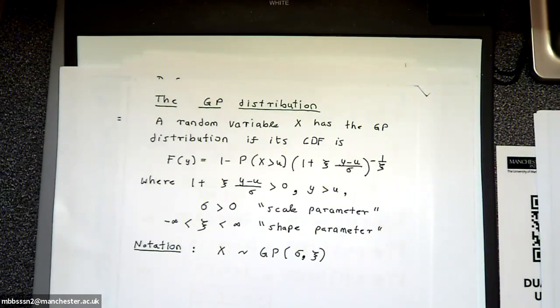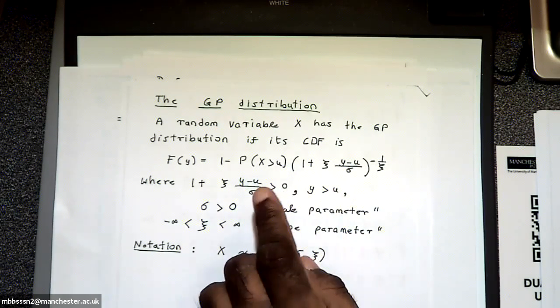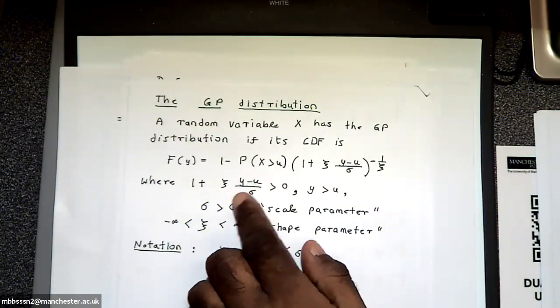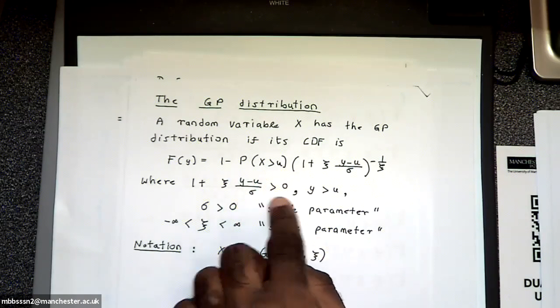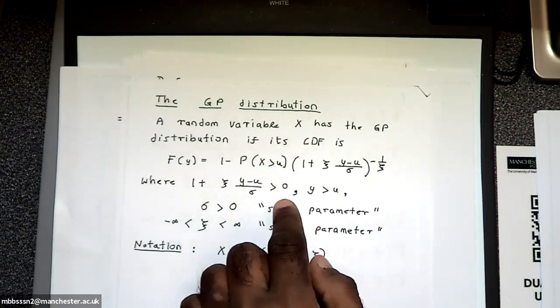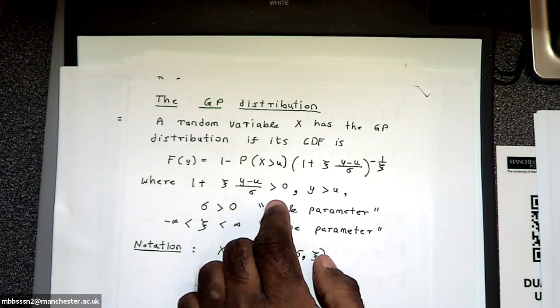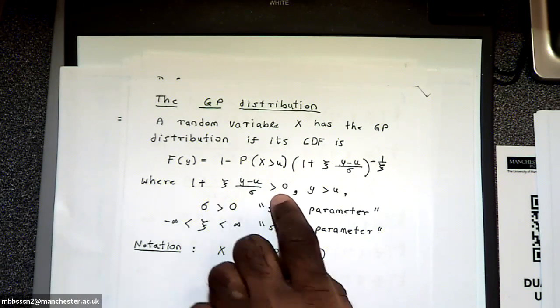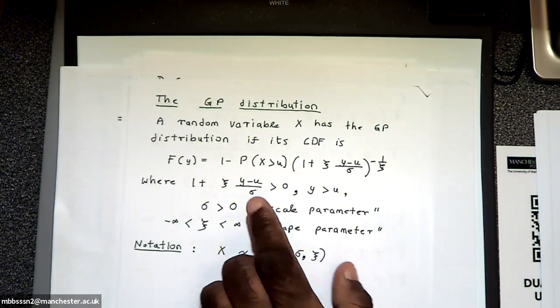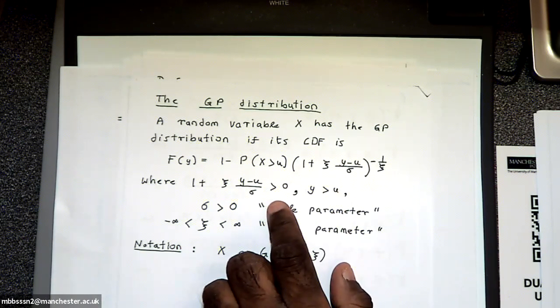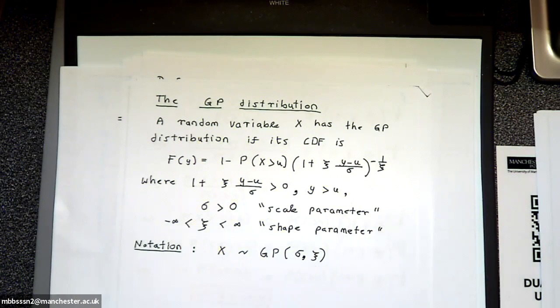Good question, Robert. This is different from the normal Pareto because the domain is defined differently. For the normal Pareto, usually y is greater than 0, whereas here the domain of y depends on these two conditions.